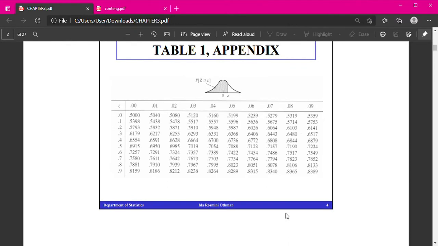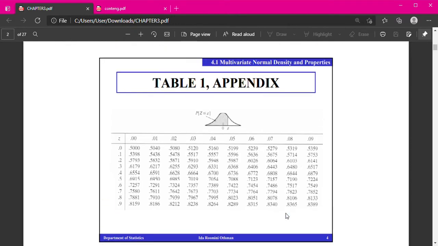So we usually will use the normal table untuk dapatkan nilai probability under the curve of the bell shape. Kalau yang ni table, this normal table daripada your textbook, which is the less than table. Kat sini kan kita tengok less than.